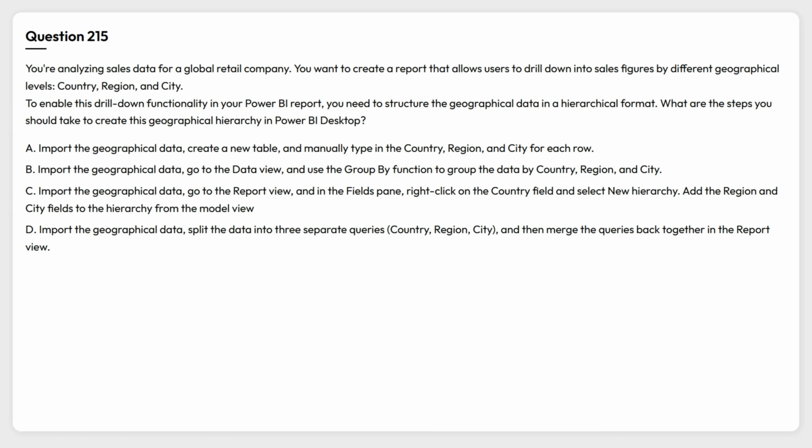Go to the report view and in the fields pane, right-click on the country field and select New Hierarchy. Add the region and city fields to the hierarchy from the model view. Option D. Import the geographical data. Split the data into 3 separate queries: country, region, city, and then merge the queries back together in the report view.